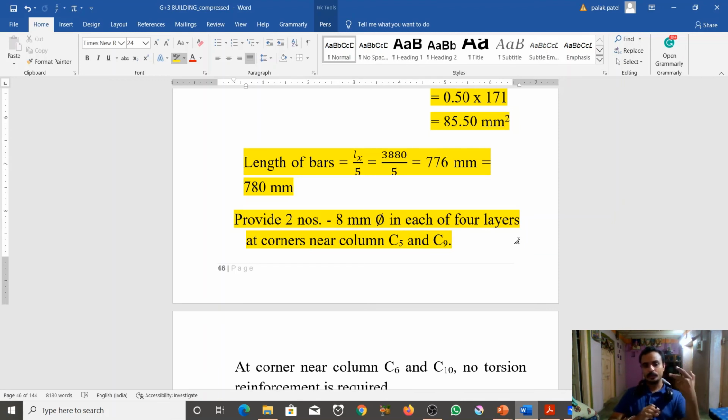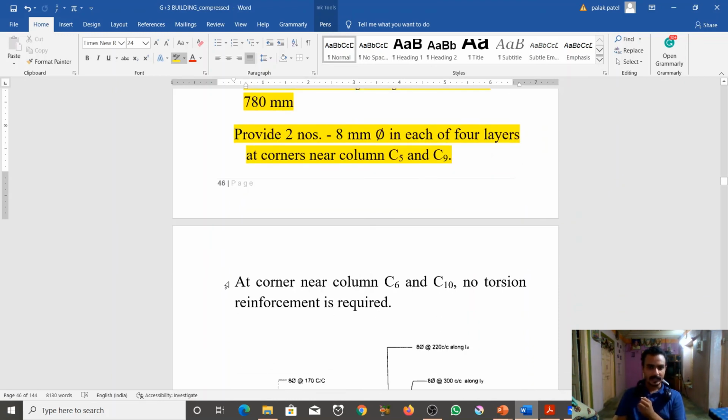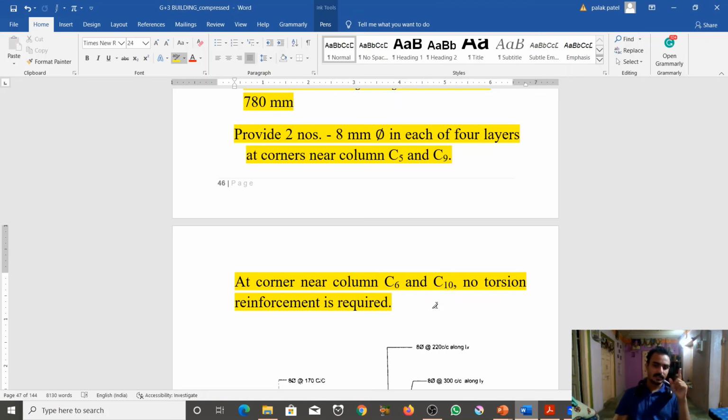So we require 4 bars in each of the 4 layers at corners near columns C5 and C9. And near corners C6 and C10, no torsion reinforcement is required.